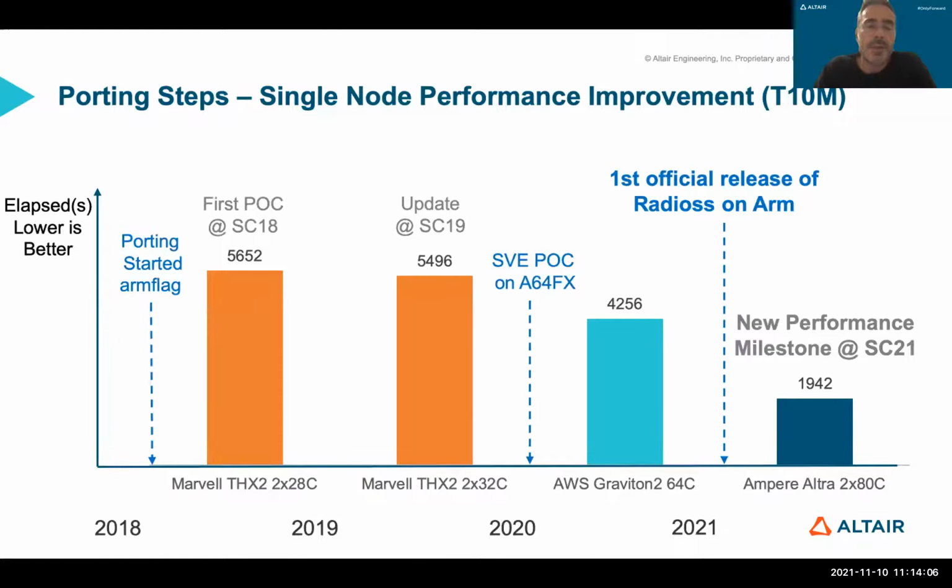To summarize the different porting steps, I tried to illustrate that, taking the example of the Taurus 10 million element benchmark. It's a frontal car crash. 10 million elements is something which is nowadays common in the industry. This represents something that will take around a night to run on a cluster.